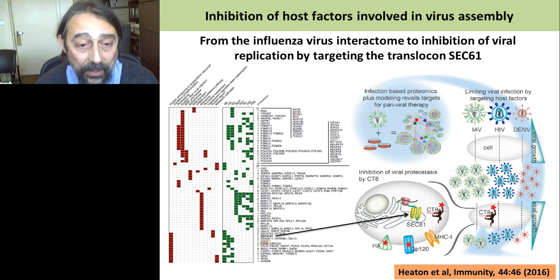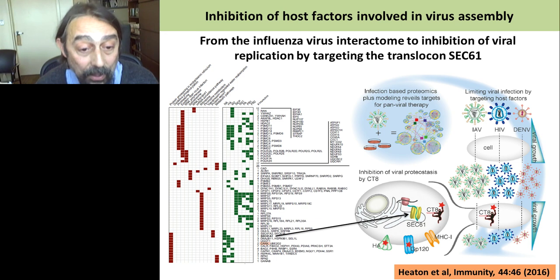In this case, I present an example, a collaboration that we have with Ivan Marazzi, also at Mount Sinai, in which we identified a host protein, SEC61, that is required for the export, the transport, of the virus glycoproteins that are important for making the virus in the cell. This was identified through a proteomics approach as interacting with the viral glycoproteins.